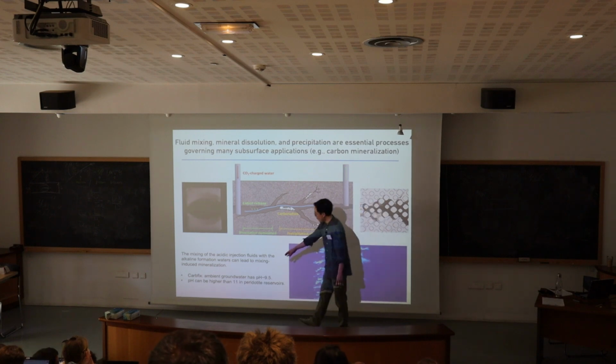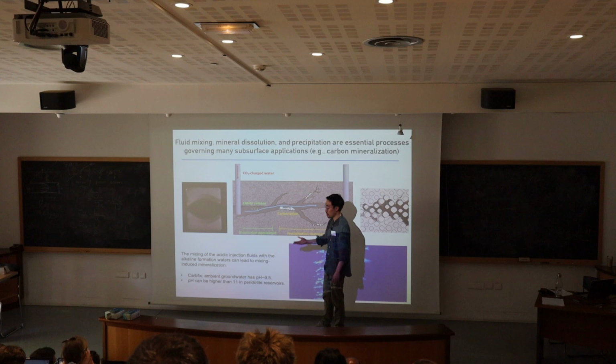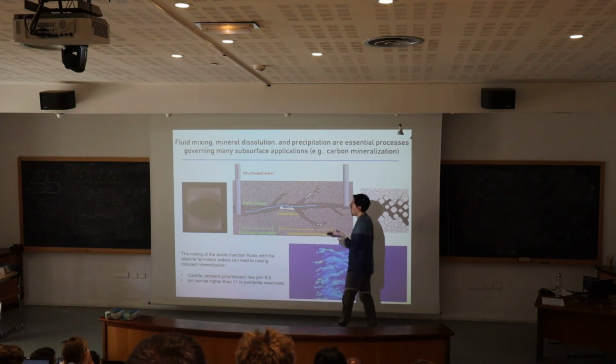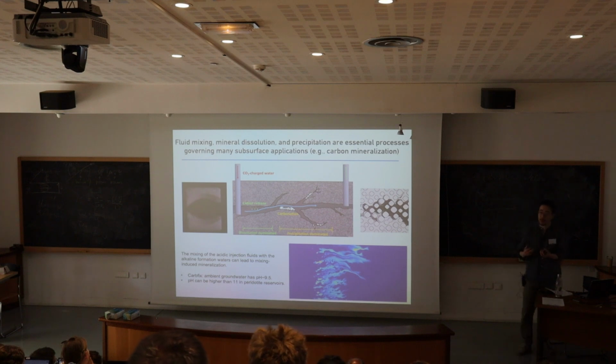And background ambient fluid has a lot of cations with high pH in mafic and ultramafic rocks. So what I'm trying to say is simply by mixing injected fluid with ambient fluid, that may lead to significant mineral carbonation, which was shown also in the CarbFix project in Iceland.